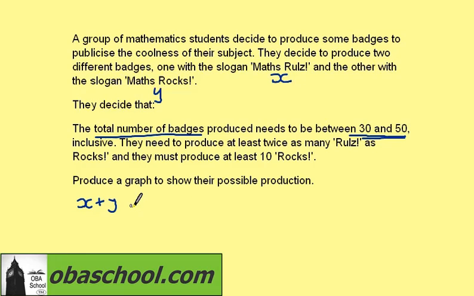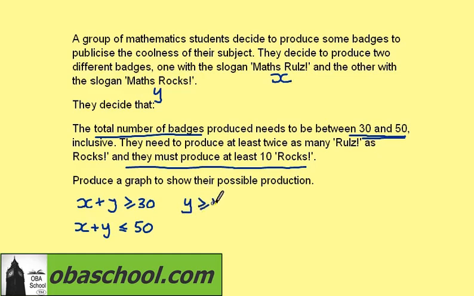This must be greater than or equal to 30. It must also be less than or equal to 50. They must produce at least 10 rocks badges, so Y, the number of rocks badges, must be greater than or equal to 10.